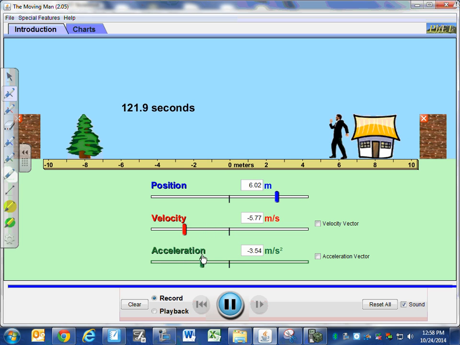And we're talking about speed, so speed is just, is something going faster? Speeding up, slowing down. Look at velocity and acceleration and tell me when something is speeding up.